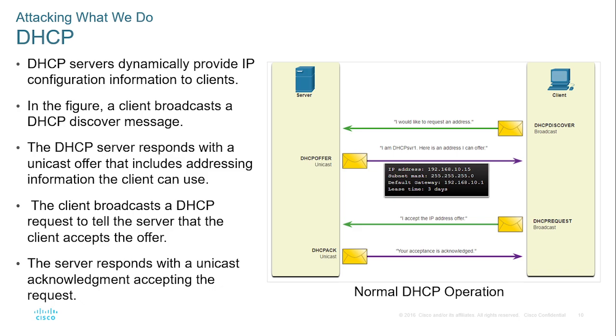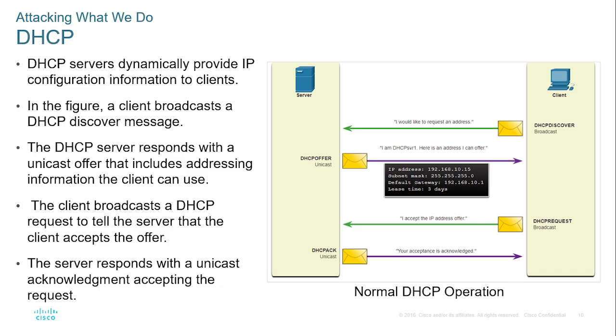But if there is, it will respond by saying, I have this IP address, but it will not be a broadcast, it will be a unicast. There's a difference: a broadcast message goes to everyone, while a unicast message is directed to a particular client or node in the network.